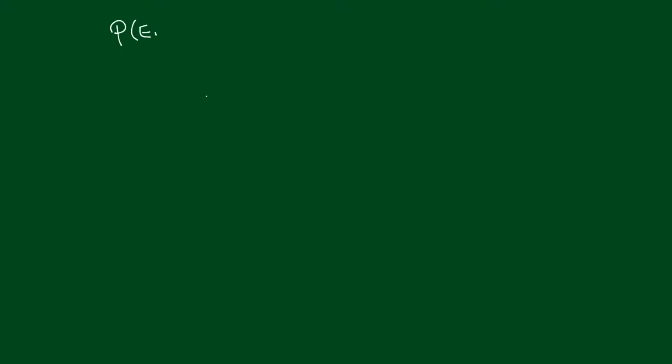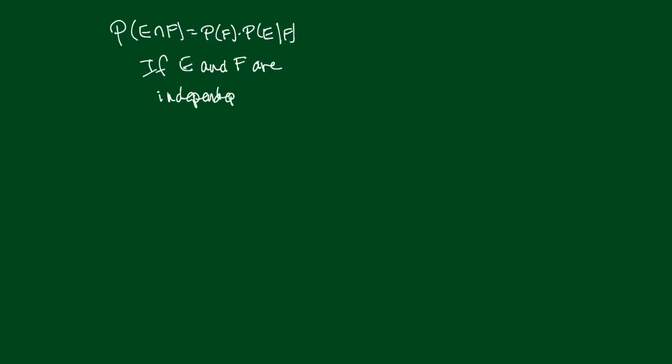The probability of E and F is equal to, okay, it's the probability of F times the probability of E, given that F has already occurred. Now, let's say if E and F are independent, which means that E and F have really nothing to do with each other.